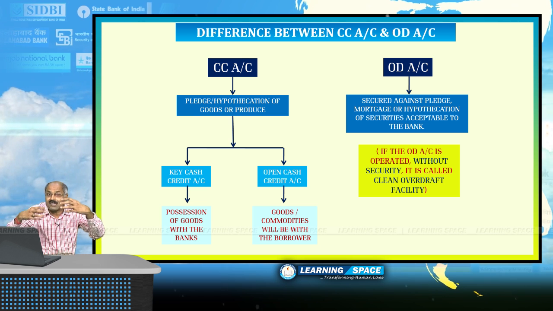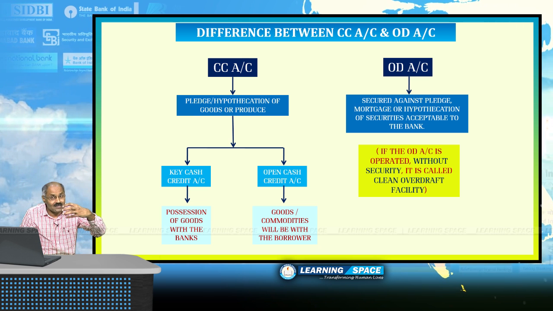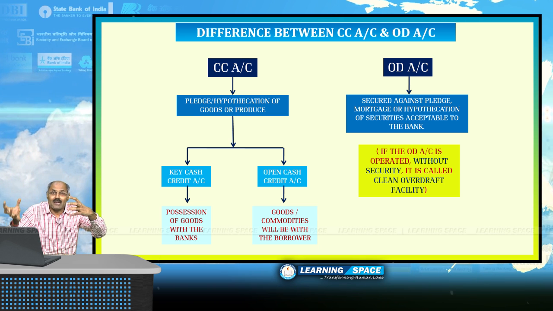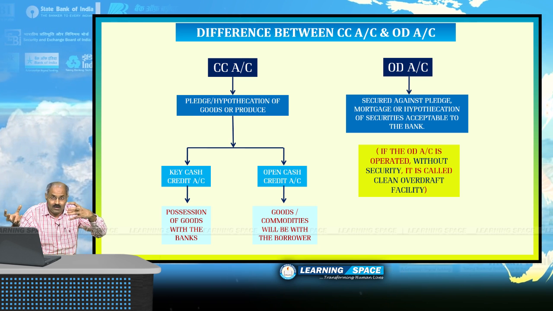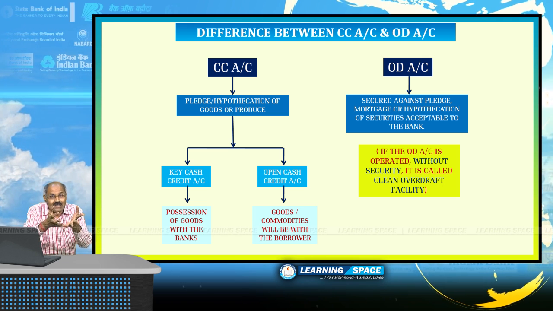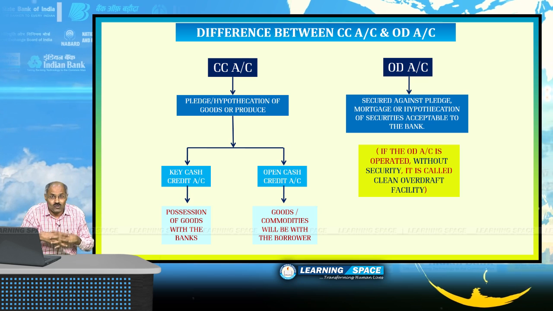In the case of cash credit account, the security is different in comparison to the overdraft account. In the cash credit account, normally the security is the goods or the produce.